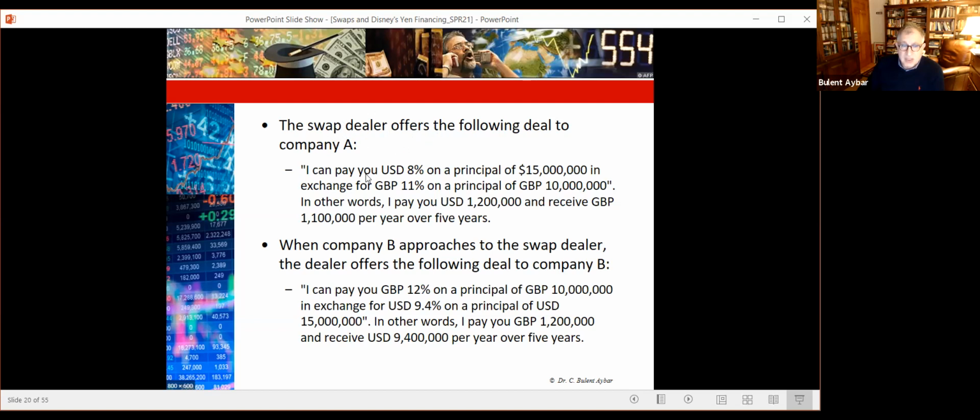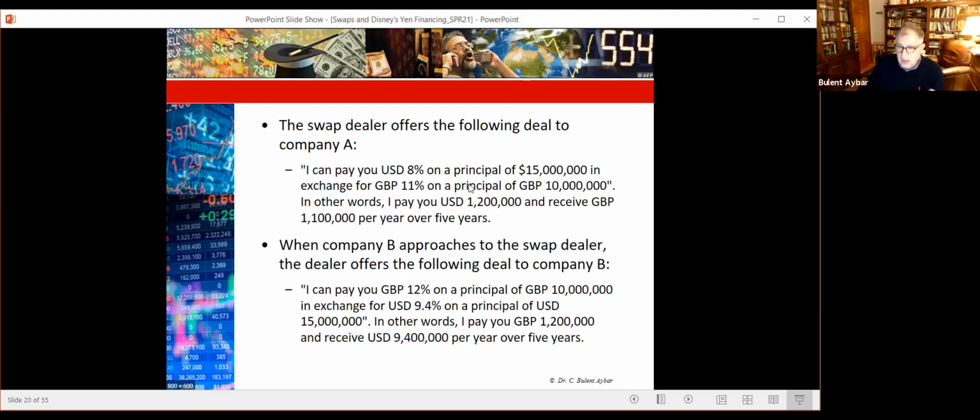Let's say a swap dealer becomes aware of the situation and comes with a proposal and says, okay, if you borrowed US dollars, I could pay you 8% on a principal of 15 million US dollars in exchange for a British pound 11% on a principal of 10 million British pounds.